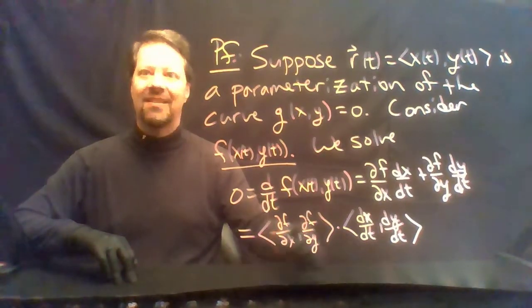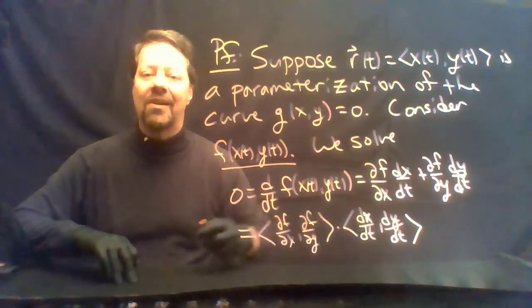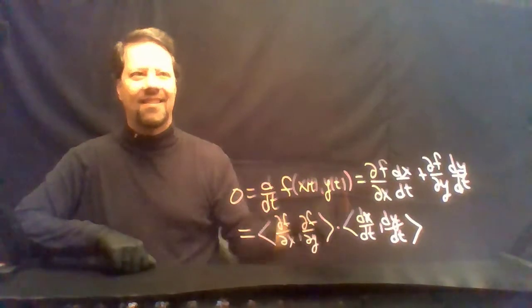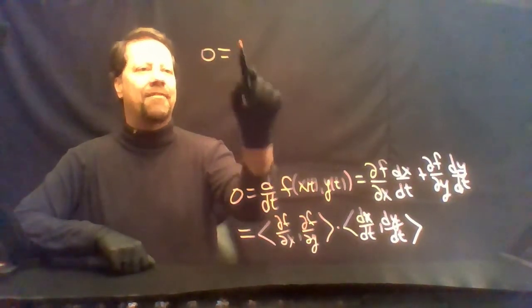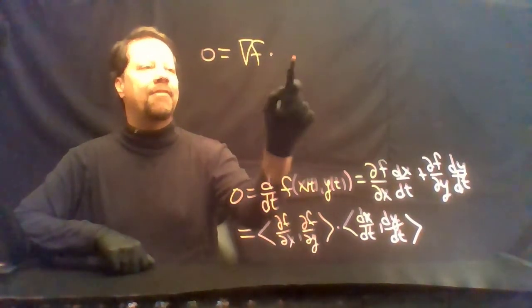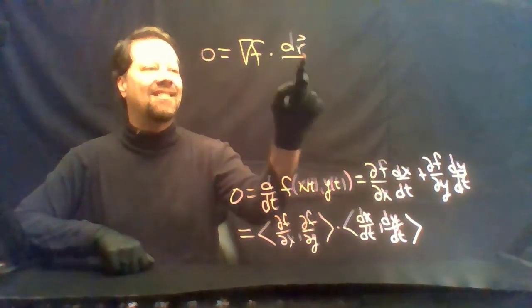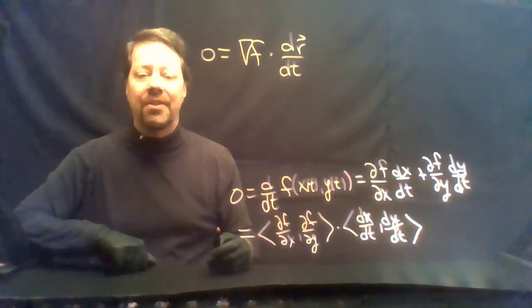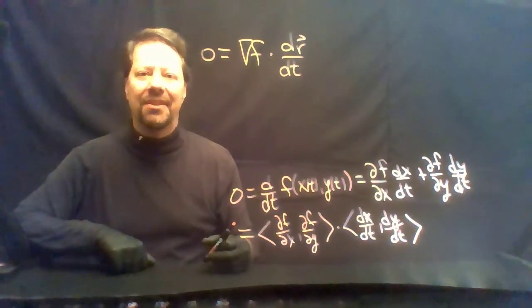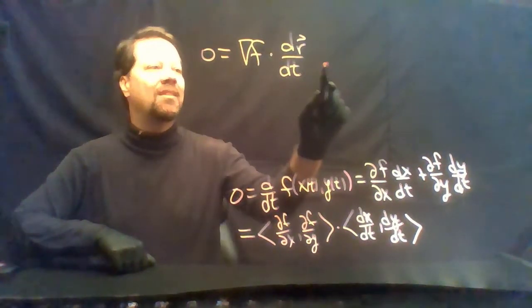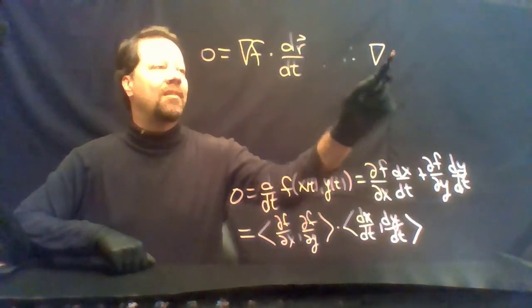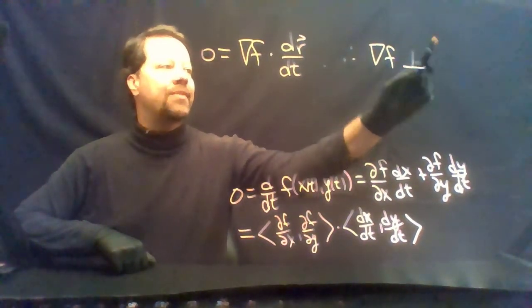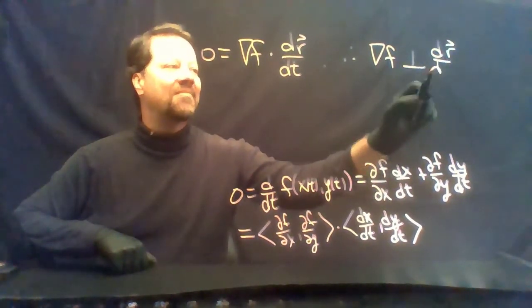This is equal to 0, which means these vectors are orthogonal. We have 0 equals the gradient of f dot dr/dt, the velocity vector to the curve, which is tangent to the curve. We deduce then that the gradient of f is orthogonal to dr/dt.